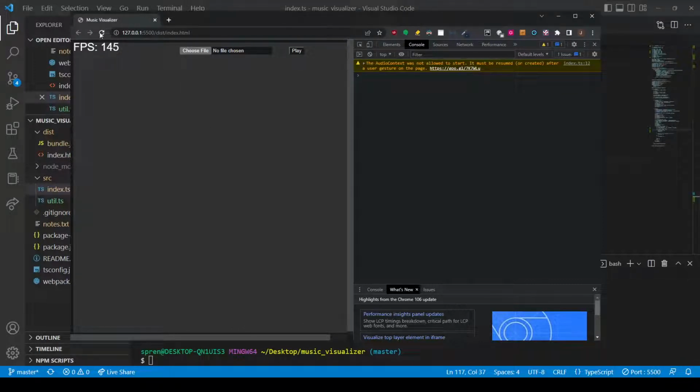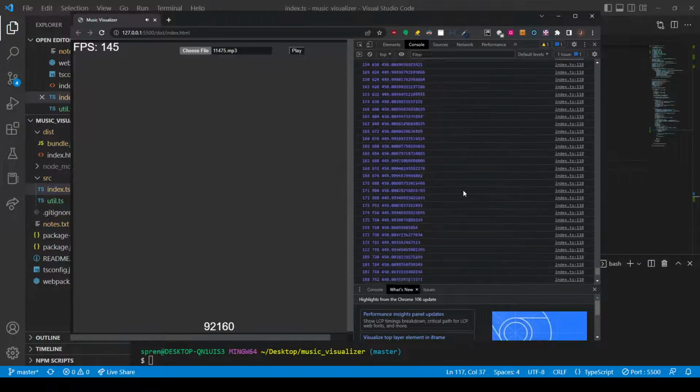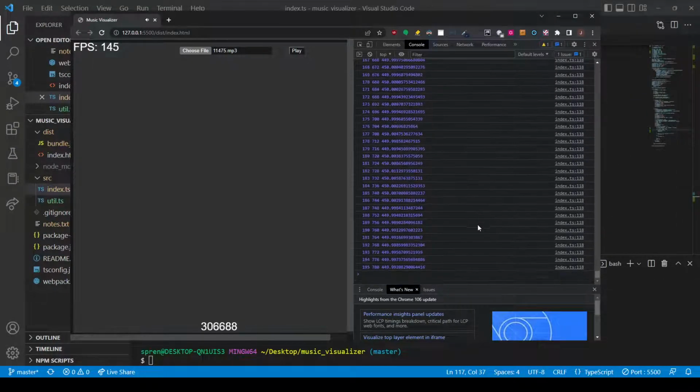Alright, mess with the log statement a little bit. Ta-da! We get like 1,000 print statements.